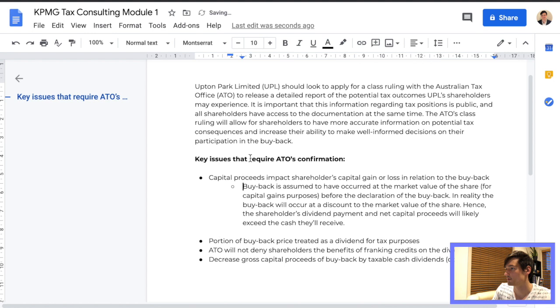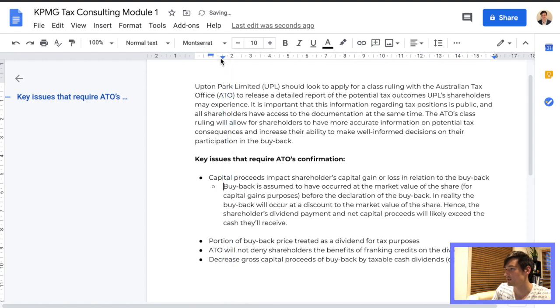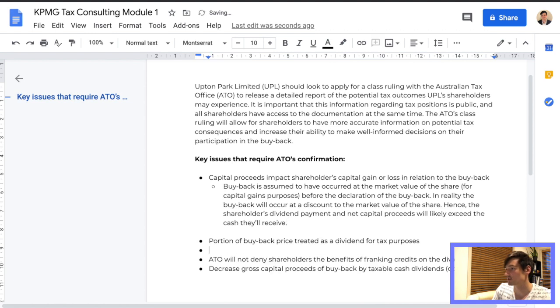I think that's all right. I'm not entirely sure if I phrased that in the best possible way. So net capital proceeds will likely exceed the cash they'll receive for the shareholders' dividend payment.